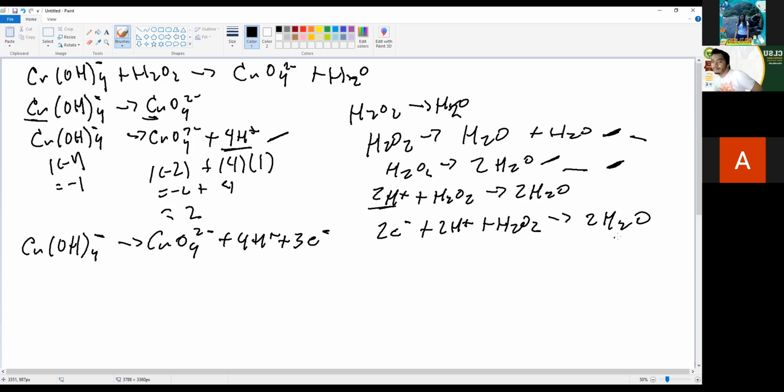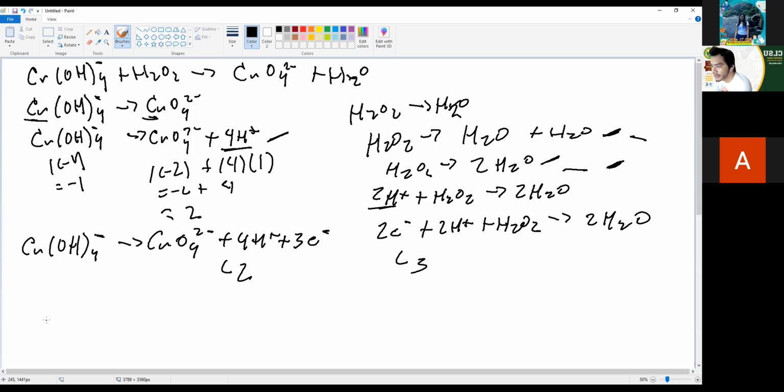So balance na. So ngayon yung gagawin, ibabalance natin yung electrons ng both sides. So since 3 dito, 2 dito, dito gagana yung math skills natin. So ano ba ang common denominator, common factor, ewan ko. So ang una kong ginagawa, 2 times 3, 6. So ibig sabihin, how do you make 3, 6? Tapos how do you make 2 na 6? So ito, i-multiply natin sa 2.